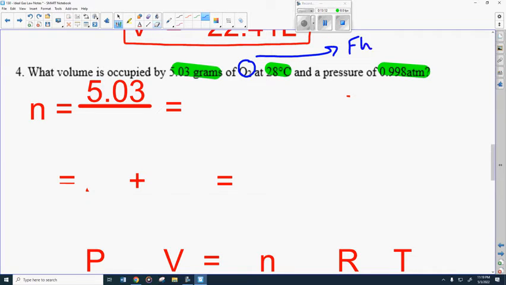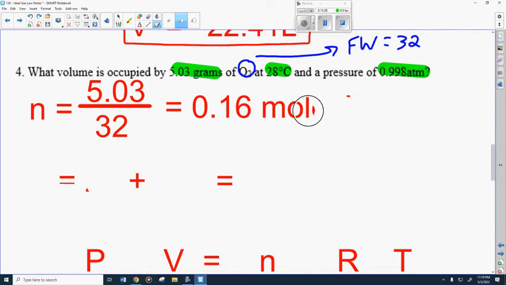So my formula weight is going to be equal to 2 oxygens, 16 plus 16, that comes out to be 32. So that's where that 32 is coming from. I know a lot of people tend to miss that one. So I've got 5.03 divided by 32. So I have that many moles of oxygen gas to start off with, okay?